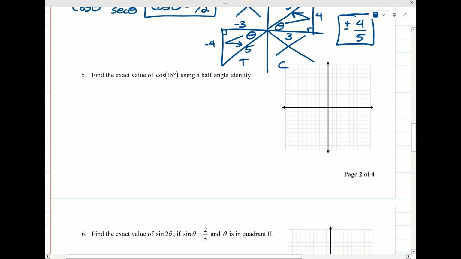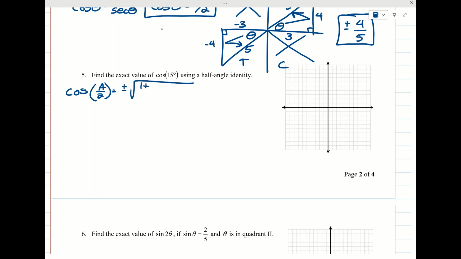For problem number 5, it says find the exact value of cosine of 15 using a half angle identity. So I'm going to look at my half angle identity formulas, which I'm giving to you. It's just the last page on the test. And a half angle identity for cosine says that the cosine of an angle divided by 2 is equal to plus or minus the square root of 1 plus cosine of the angle over 2.